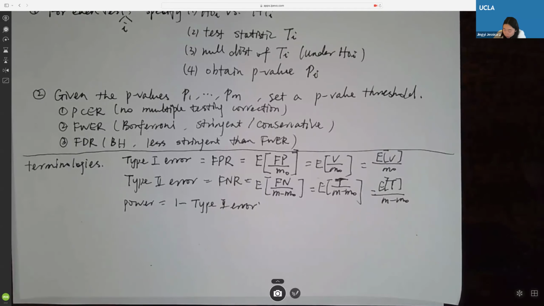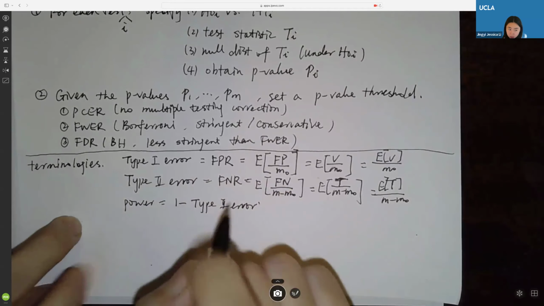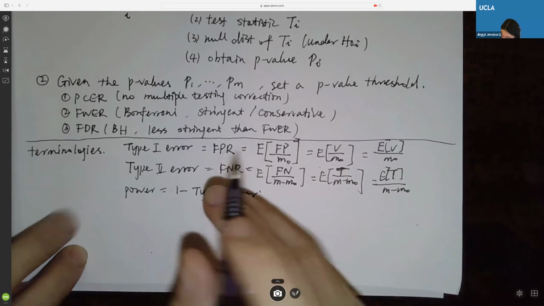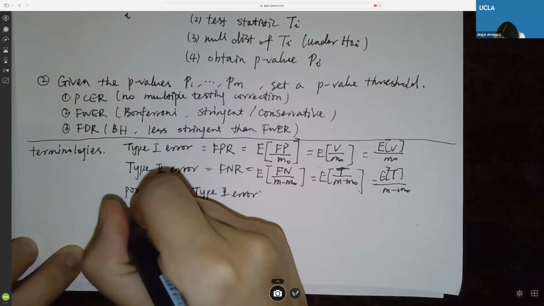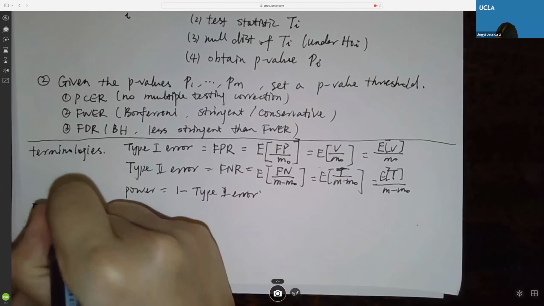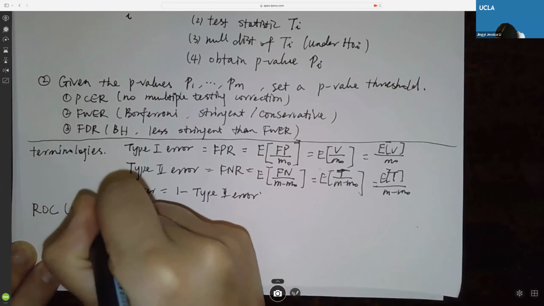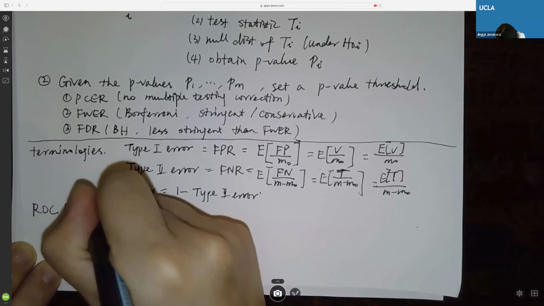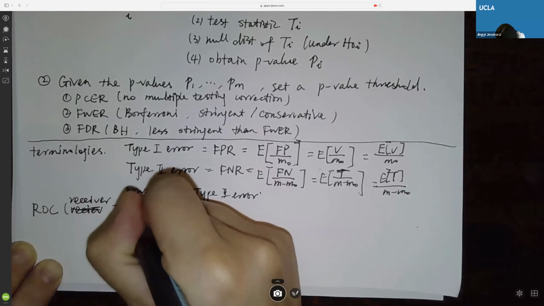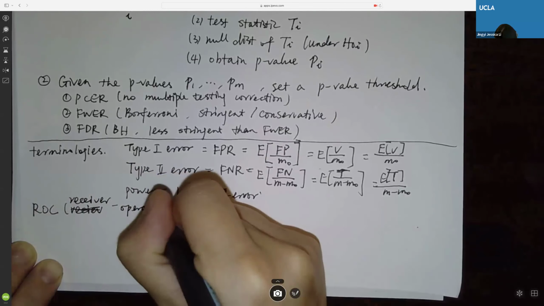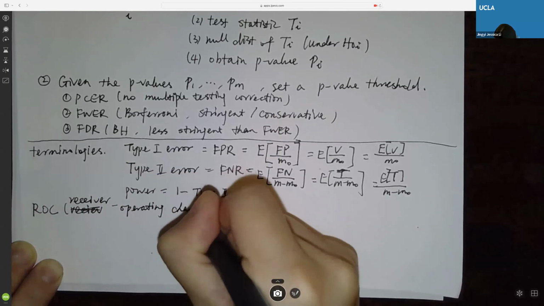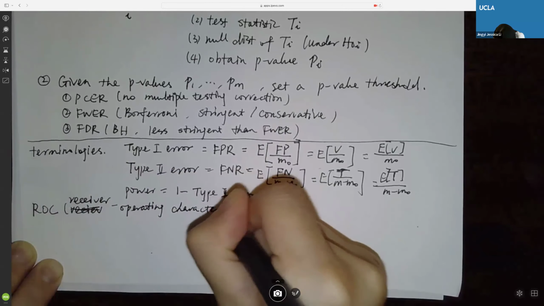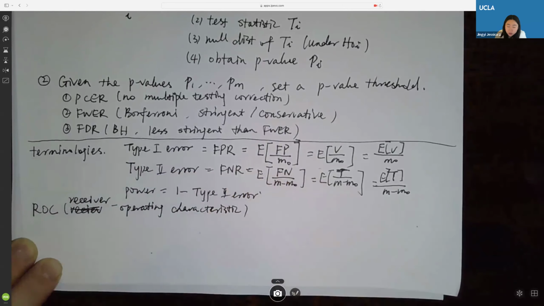Okay, and furthermore, there is something you may also encounter in your data analysis. One is called the ROC, receiver operating characteristic, curve.